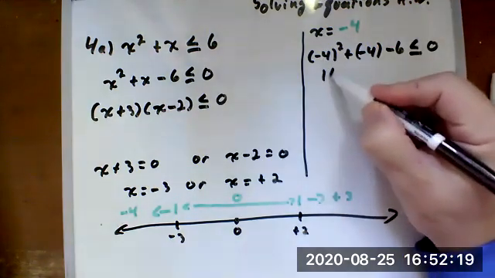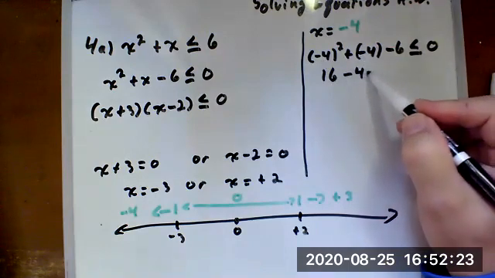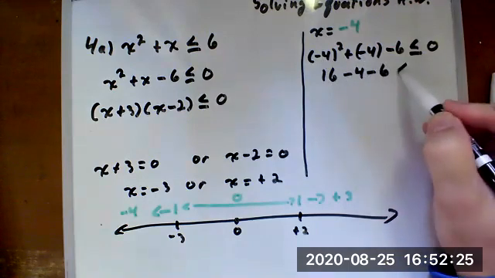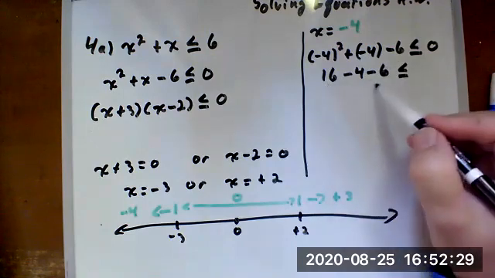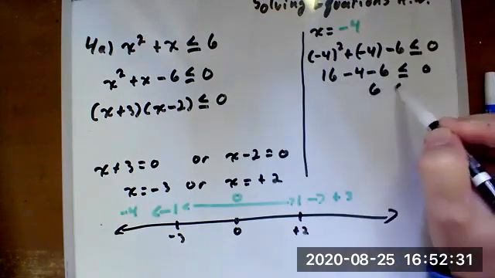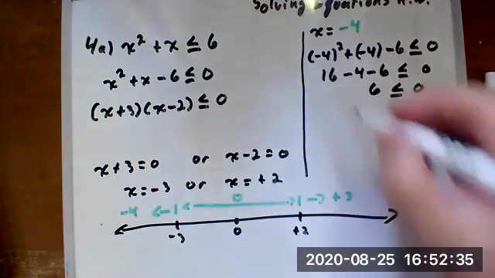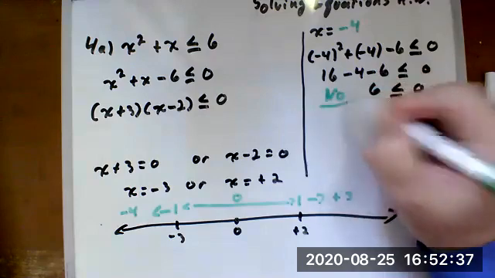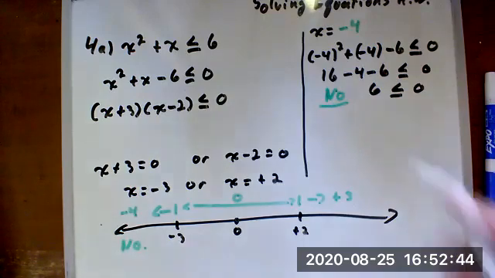Negative 4 squared is going to be 16. Minus 4 minus 6 is minus 10, so 16 minus 10 gives me a 6. Is 6 less than or equal to 0? No. So negative 4 does not satisfy.